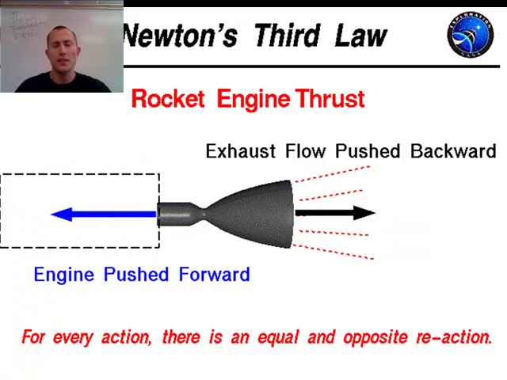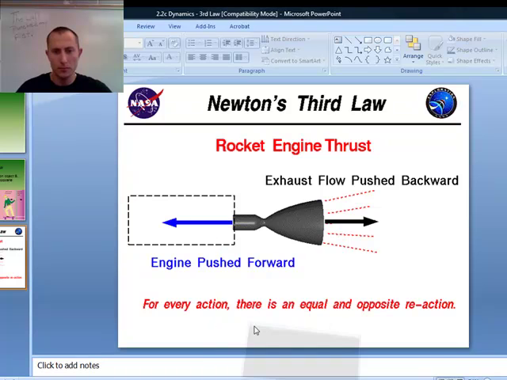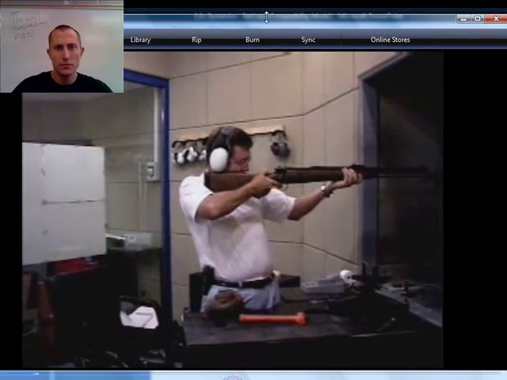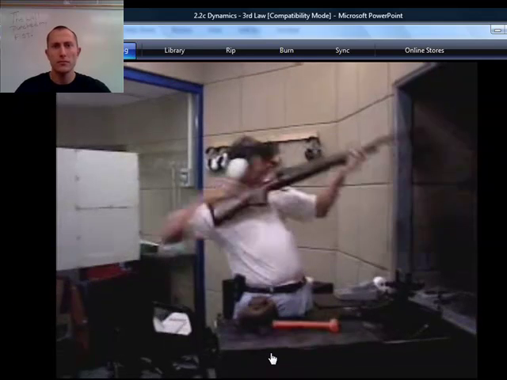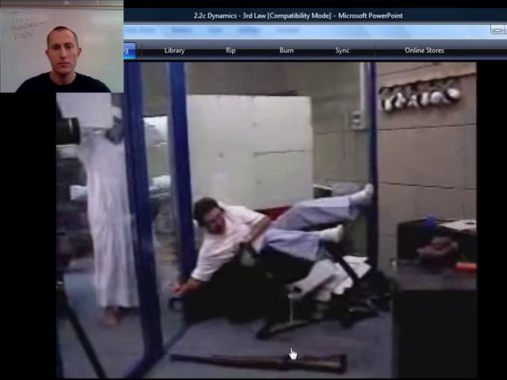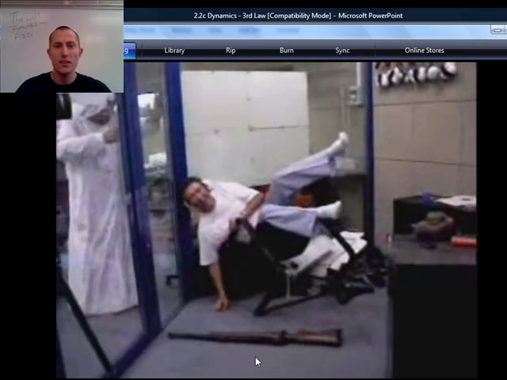Another example of this that we can see is in the firing of a gun. And so here we have a person at a firing range, and he's about to fire the rifle. You can see quite clearly that there must be some force acting on this guy, because he gets accelerated back very, very quickly.